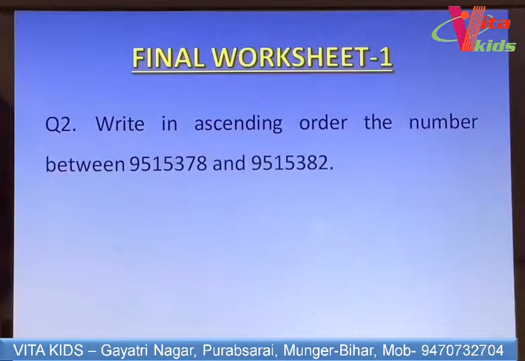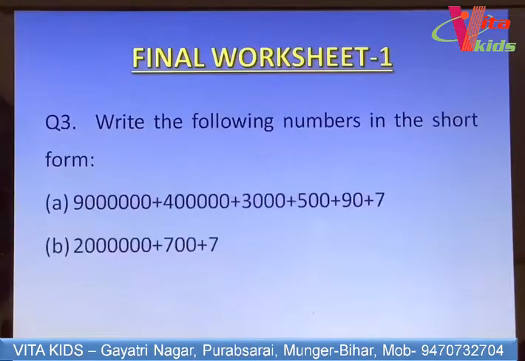Write in ascending order the numbers between 9515378 and 9515382. Question number 3. Write the following numbers in the short form. A. 9 followed by 6 zeros plus 4 followed by 5 zeros plus 3 followed by 3 zeros plus 500 plus 90 plus 7. B. 2 followed by 6 zeros plus 700 plus 7.